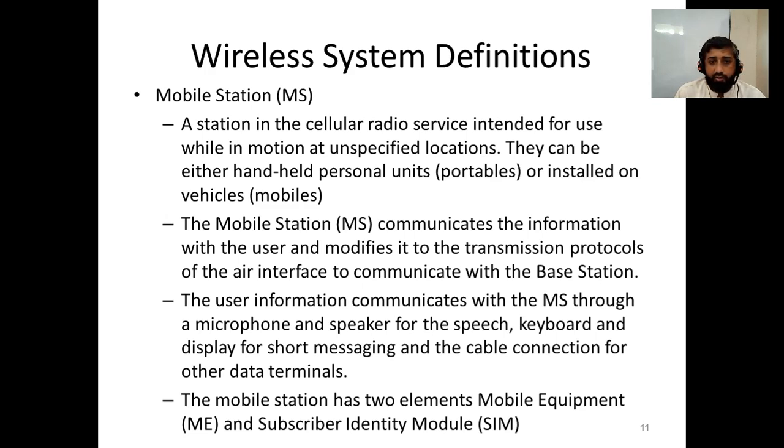Your mobile phone is actually a mobile station, because you can carry that phone to any location, and even at those locations you can establish a communication. So these mobile stations can be handheld personal units like mobile phones, tablets, and other devices.